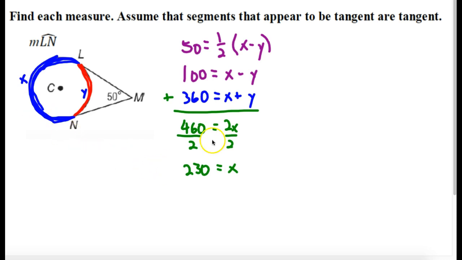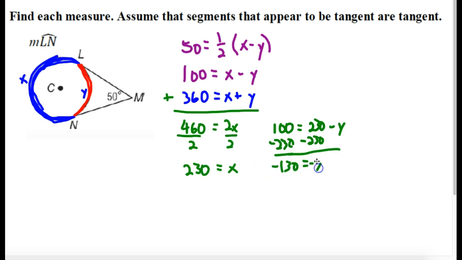Well, to get y then, I can just take this answer and plug it back into either of these equations. So I can say 100 equals 230 minus y. Subtract the 230 over. We'll get negative 130 equals negative y.